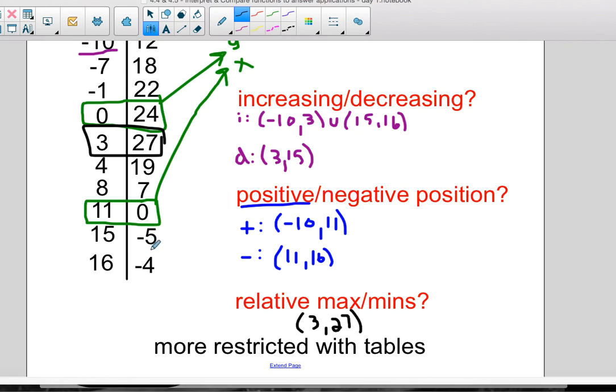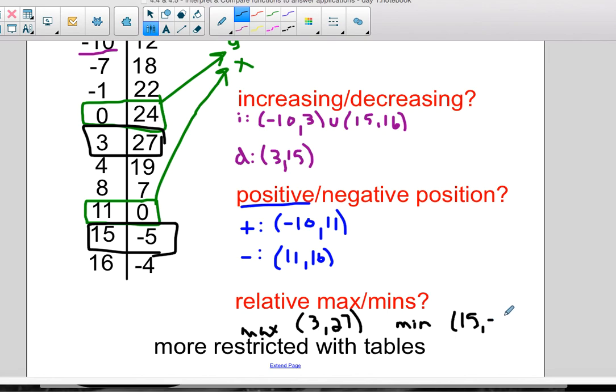All right, so now it changes direction again. It went down from 0 to -5, and then it actually went up from -5 to 4. So 15 comma -5 would be a relative min, and there is only one.